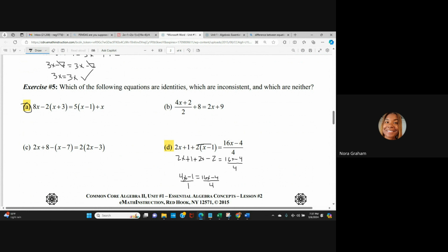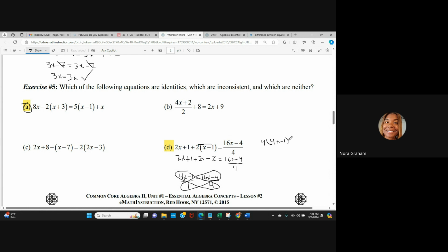Now from here, this is algebra 1 kind of stuff. I can use the butterfly method and cross multiply. Right? So when I cross multiply, I can do 4 times 4x minus 1. I did the constant first because it's nicer to write it like this. 4x minus 1.